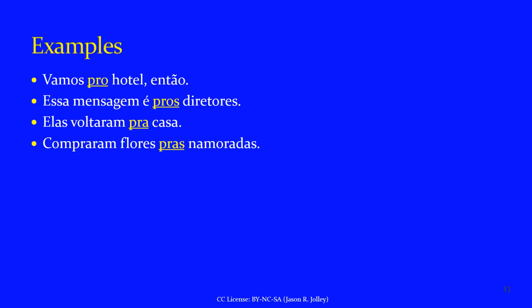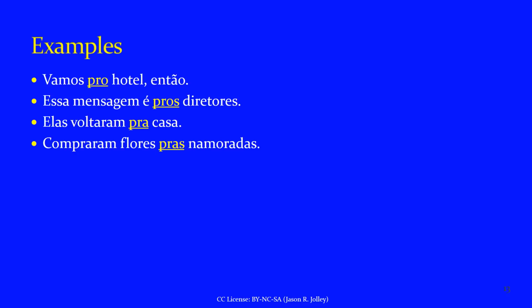Elas voltaram a casa with crase. But here we're using para. Voltaram para casa. And finally, last example, compraram flores pras namoradas. So they bought flowers for the girlfriends, for their girlfriends is the assumption. Pras namoradas. So para plus as namoradas.